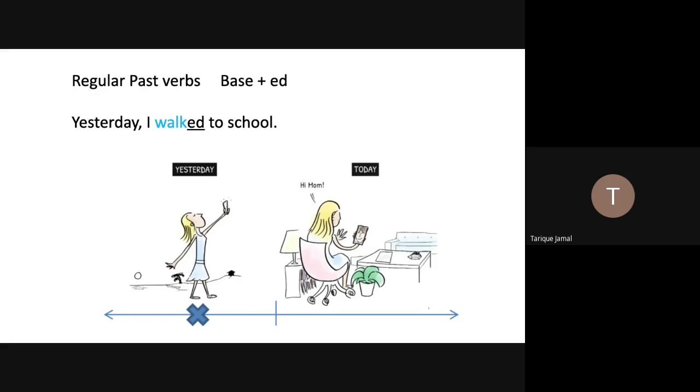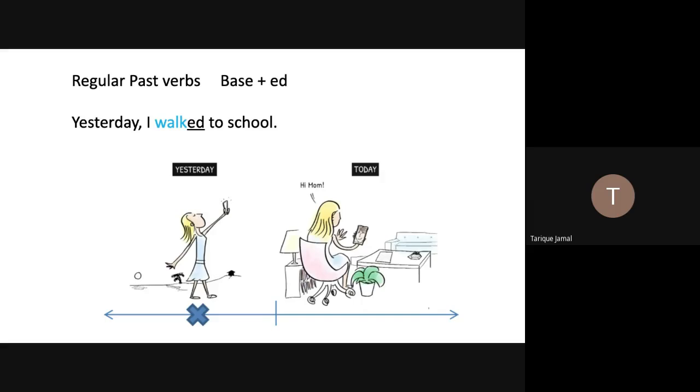We are adding ed just to make sure that this is past now, because yesterday means the day before today. It's not today, it's not tomorrow, it's yesterday. Something that has already passed.